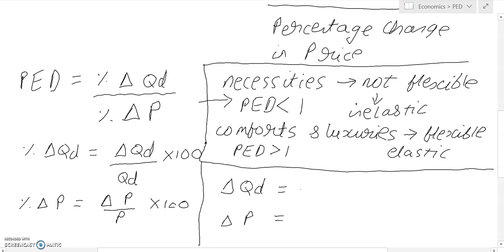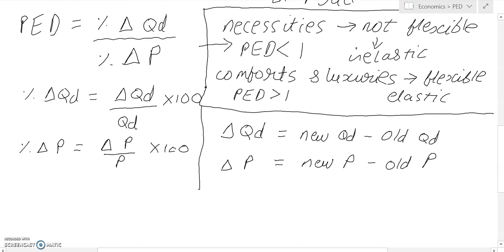It is up to you, but if you use new quantity demanded for quantity, you must start with new price for price. So new quantity demanded minus old quantity demanded gives you change in quantity demanded. New price minus old price gives you delta P, or change in price.